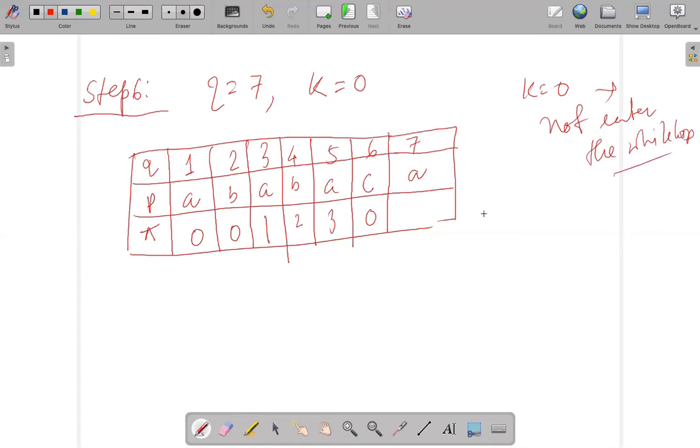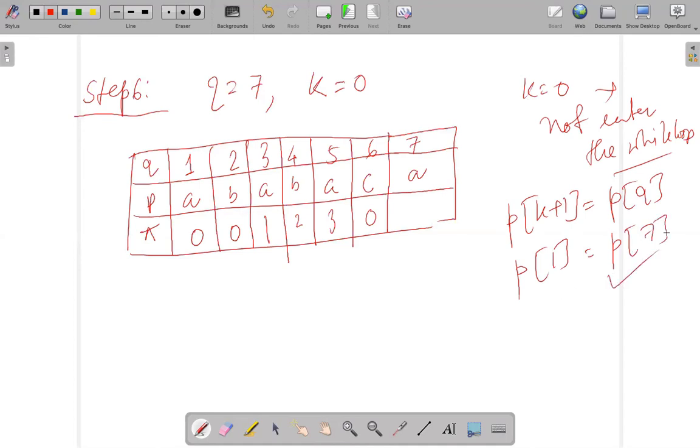So you will directly check whether Pk plus 1 is equal to Pq. Here Pk plus 1 is P1 and Pq is P7.